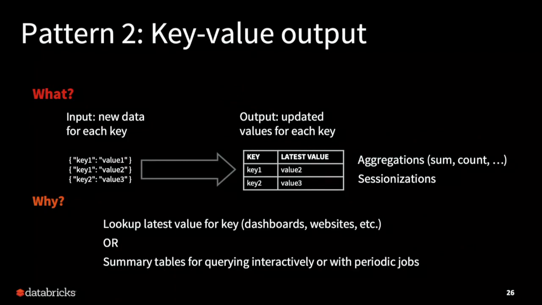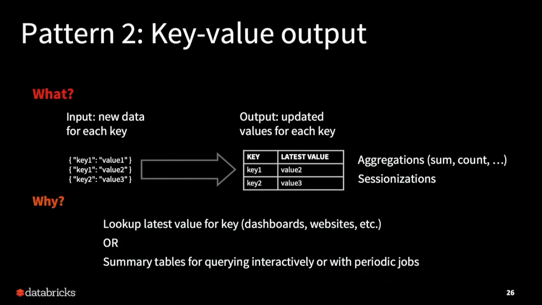The second pattern is when you have key value output. This can happen when, let's say, you're doing continuous streaming aggregates. You ultimately want a table which has aggregate information. That can be either for simple data statistics over your data, or it can be sessionization, complex aggregates, etc. Now, typically there are two ways people would like to consume these aggregates.